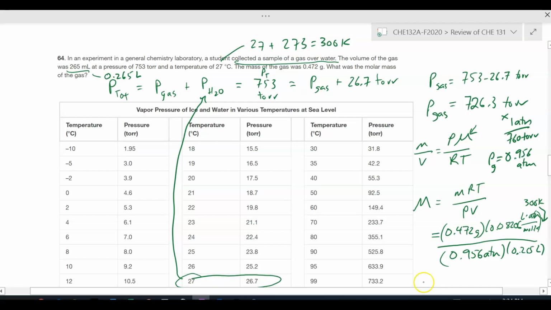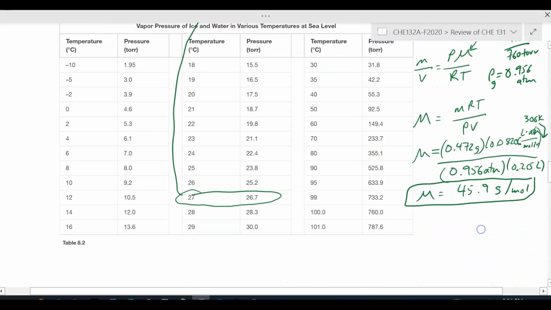And that comes out to a molar mass of 45.9 grams per mole is what we get for that one. The units do work out. I don't really have room here to show you how those work out, but the units do work out for that one.